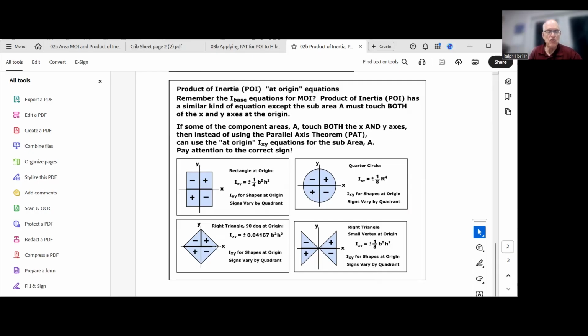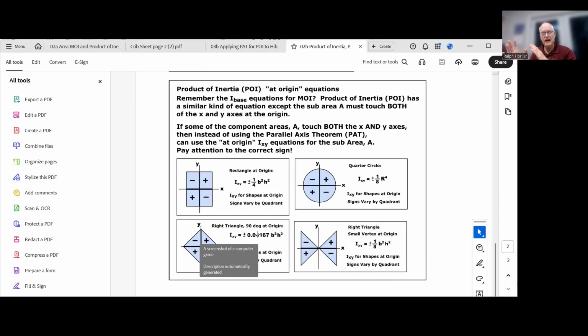Finally, if you have a right triangle whose right angled corner is at the origin, then the IXY is 0.04167 b squared h squared, and it's positive if it's in this corner, negative if it's in this corner, positive here or negative there. And I call those at origin formulas, which are unique to product of inertia areas because it's with respect to two different axes.